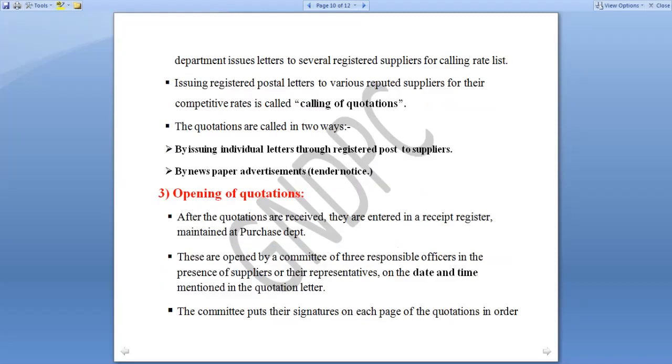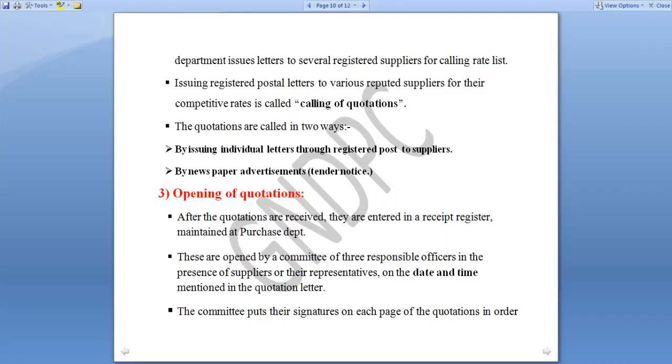The quotations are called in two ways. First, by issuing individual letters through registered post to the suppliers, or secondly, by newspaper advertisements, which are also called tender notice. We'll be dealing with this tender notice in another lecture.